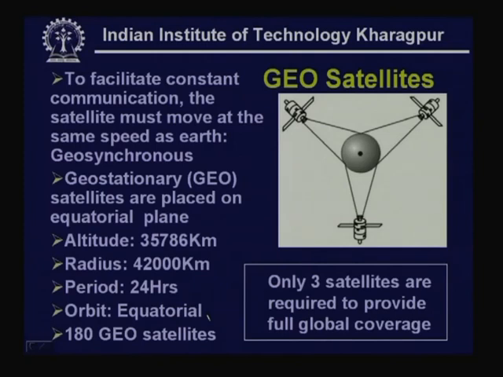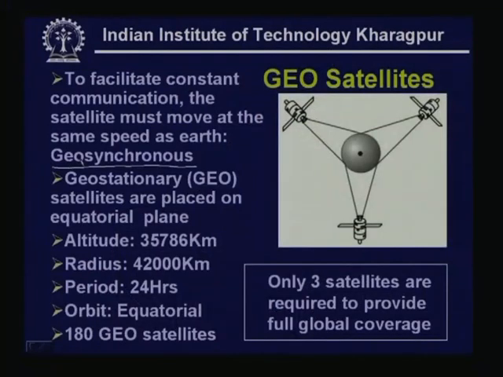Now, let us focus on the geosatellites. To facilitate constant communication, the satellite must move at the same speed as the earth, which are known as geosynchronous satellites. We have seen in case of MEO and LEO or even in GPS satellites, the satellite is moving around the earth, and from a particular position if you look at it, you will find its position keeps on changing.